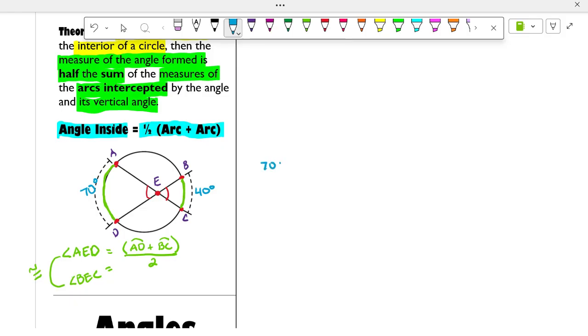Right, you just do 70 plus 40 and then divide it by 2. Make sure you do the 70 and 40 first. So that would be 110 divided by 2. So what's the measure of both those angles? 55 degrees. So this would be 55 degrees. This would be 55 degrees.